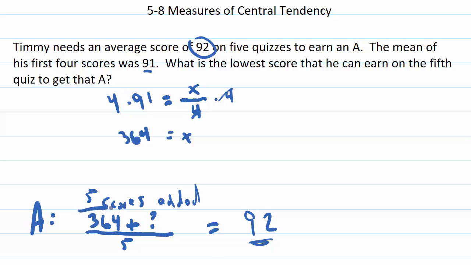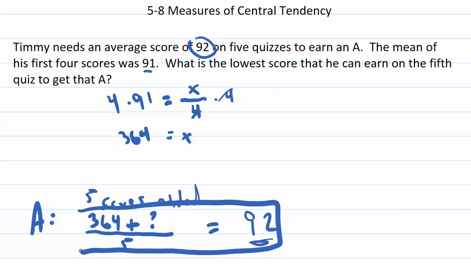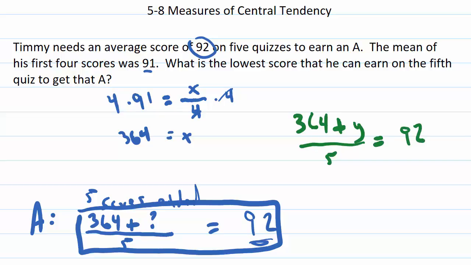Well, I have to solve this equation. Let's do this off to the side over here. So I've got 364 plus, we'll call it y, divided by 5 equals 92.